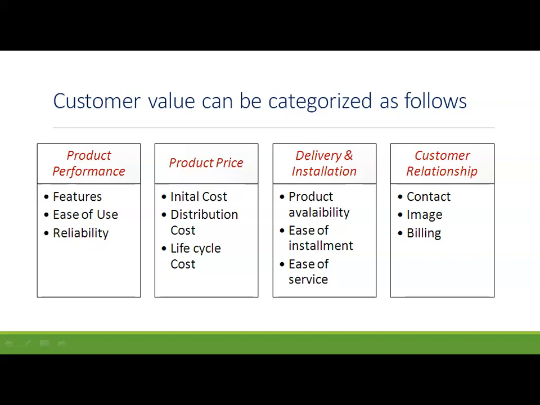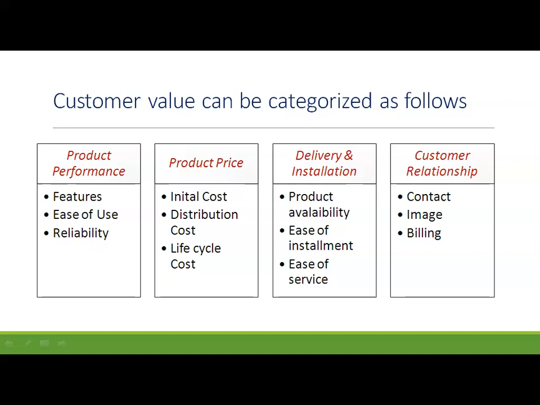At each and every stage, there can be different prices for the particular product. So that is called life cycle cost. This is associated with product price, and ultimately, product price is related to customer value.